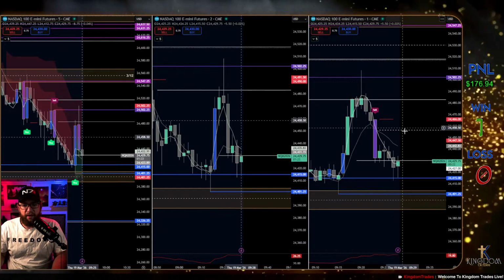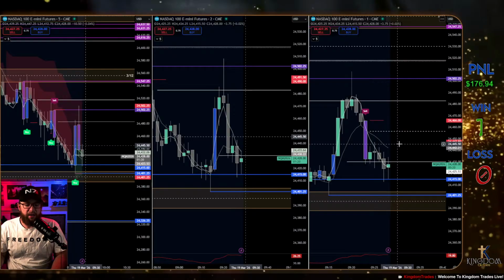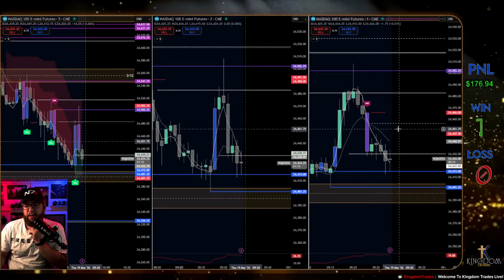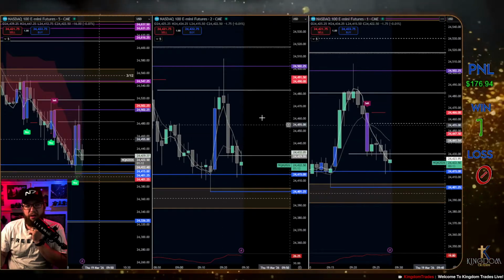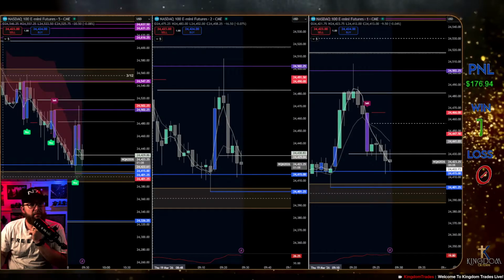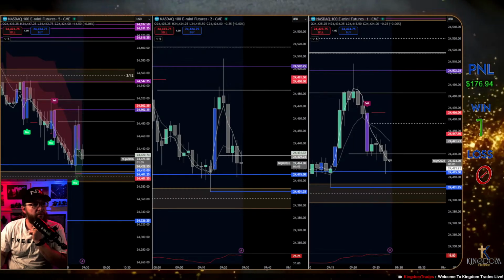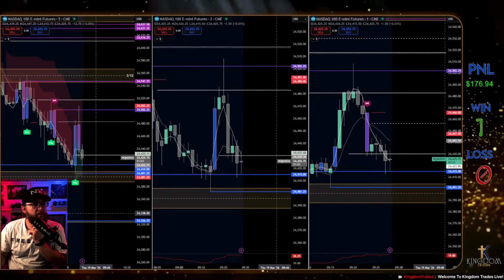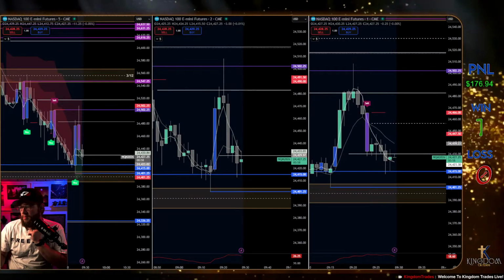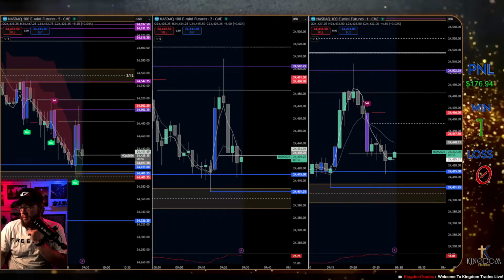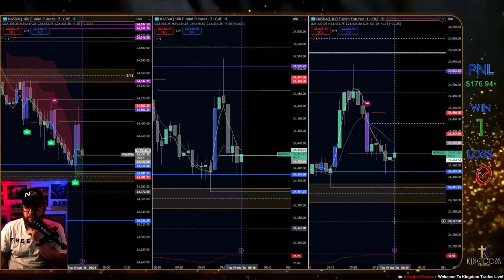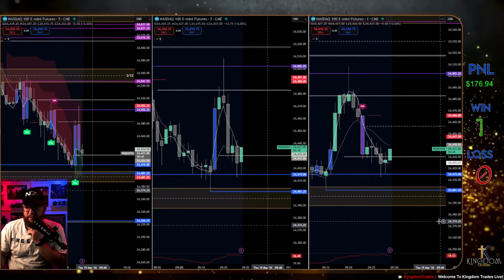All right, so we broke this 5-minute on the 1. We still haven't broken below it on the 5. Coming back down to these lows, retesting this blue that we rejected off of the last time. All right, push it back up against that 5-minute.